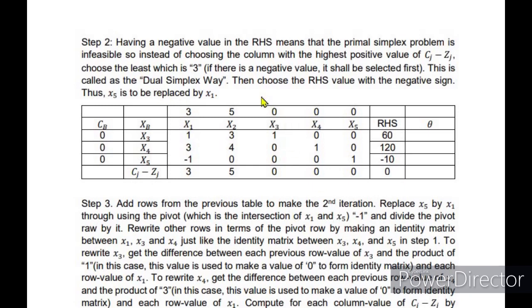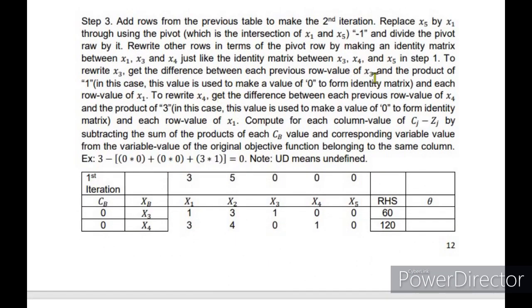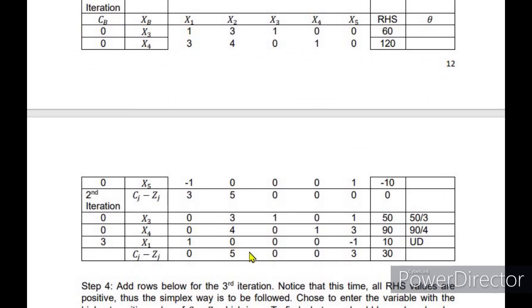So then choose the RHS value with the negative sign. Okay? So we will choose negative 10. Thus, x sub 5, this row x sub 5, okay, is to be replaced by column x sub 1. Okay? So again, add rows from the previous table to make the second iteration.